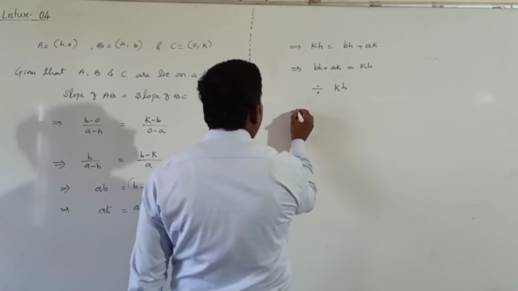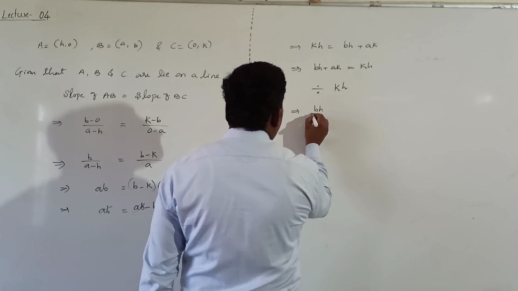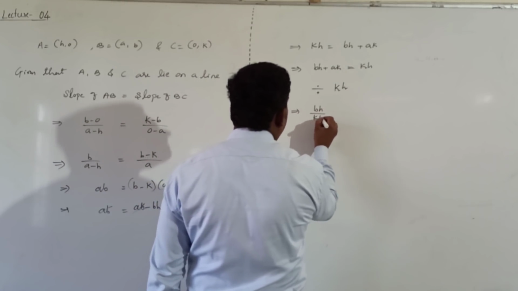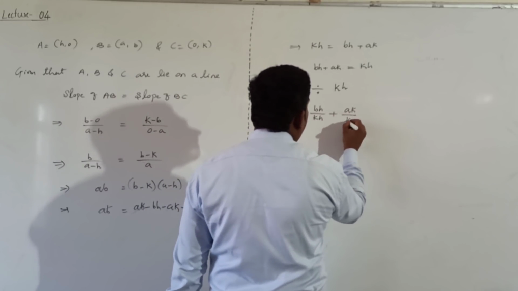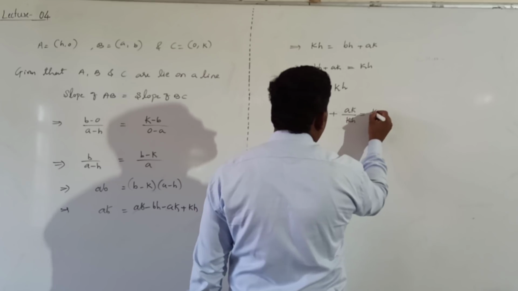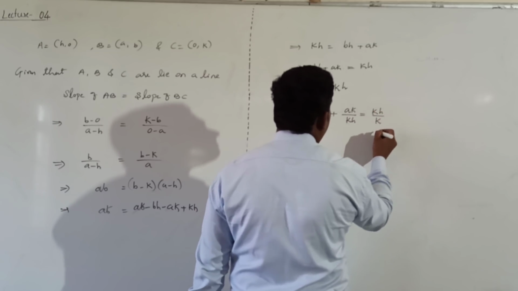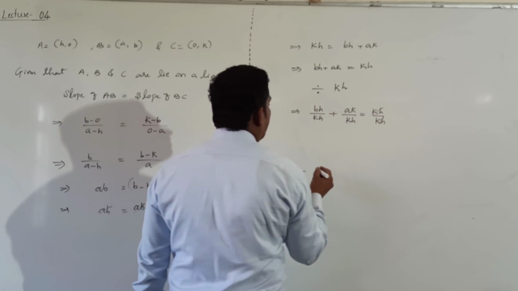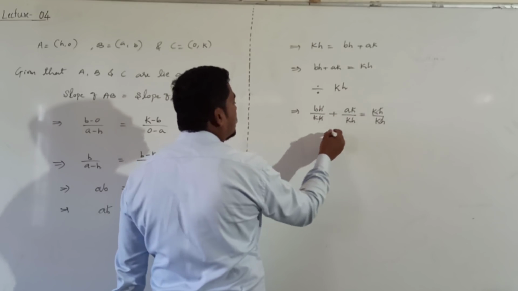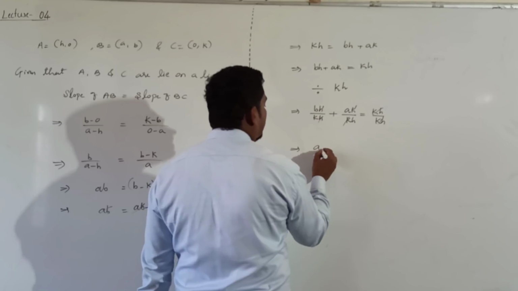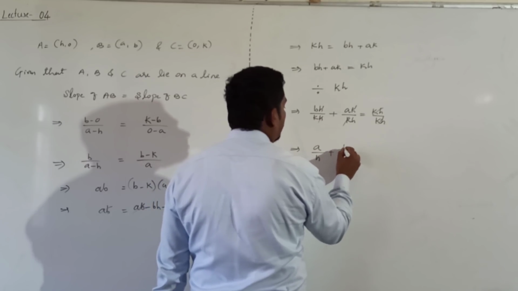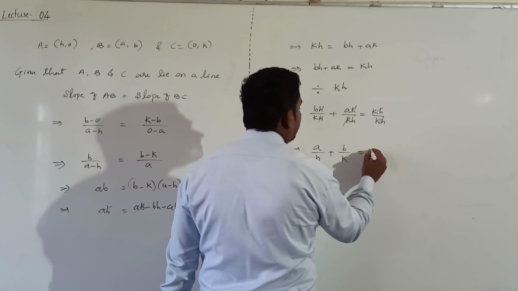Divide each term by kh: bh divided by kh plus ak divided by kh is equal to kh divided by kh, which cancels to 1. Here h gets cancelled, here k gets cancelled. What remains? a divided by h plus b divided by k is equal to 1.